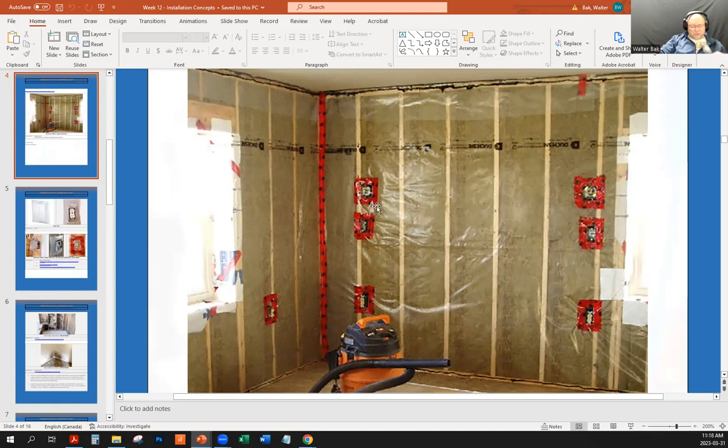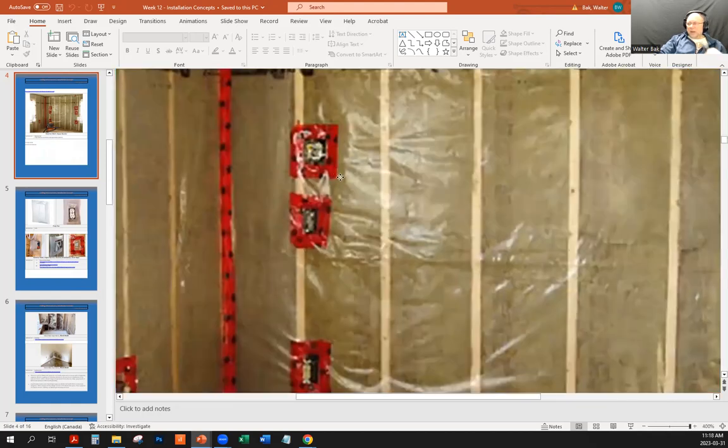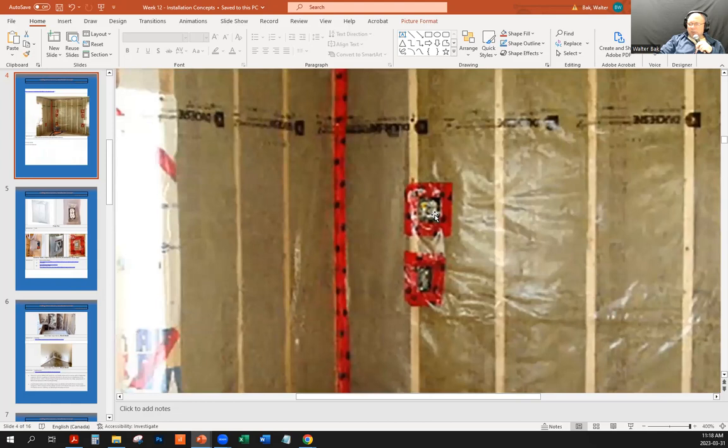When it comes to exterior walls, it is important to keep the vapor barrier intact. If you install any sort of device or device box, you are going to disturb the vapor barrier, which means you're going to have to seal it back with that red tape, it's called tack tape, so the vapor barrier still remains intact.